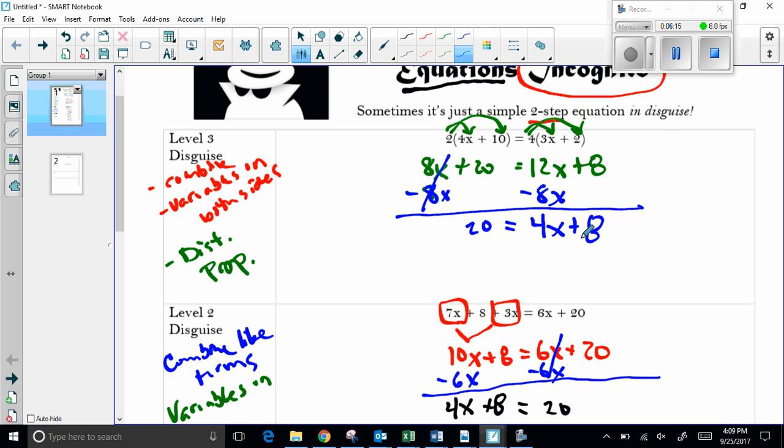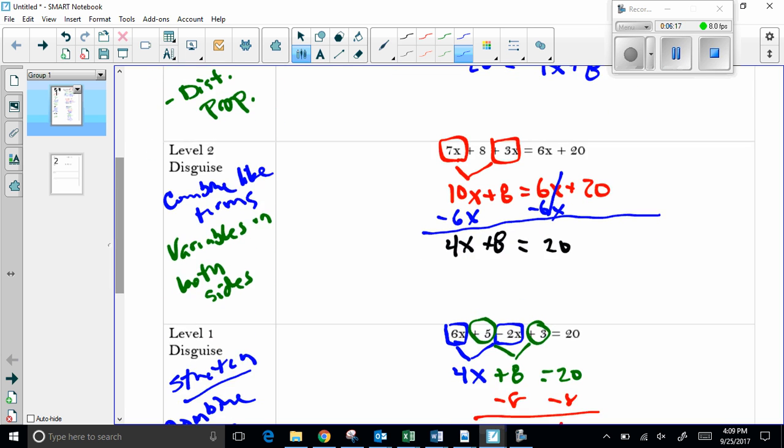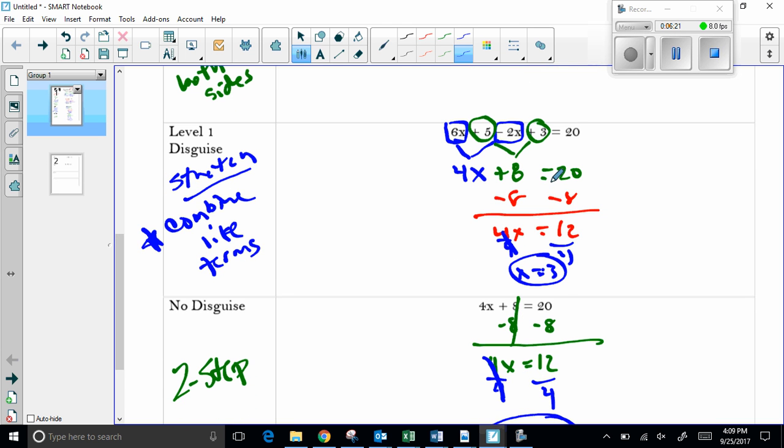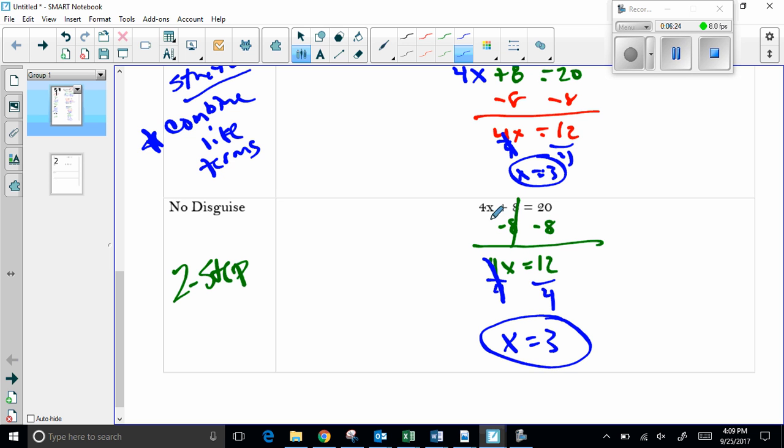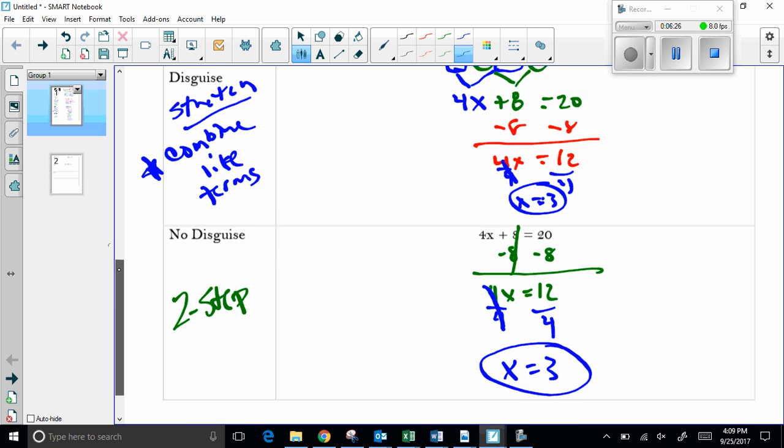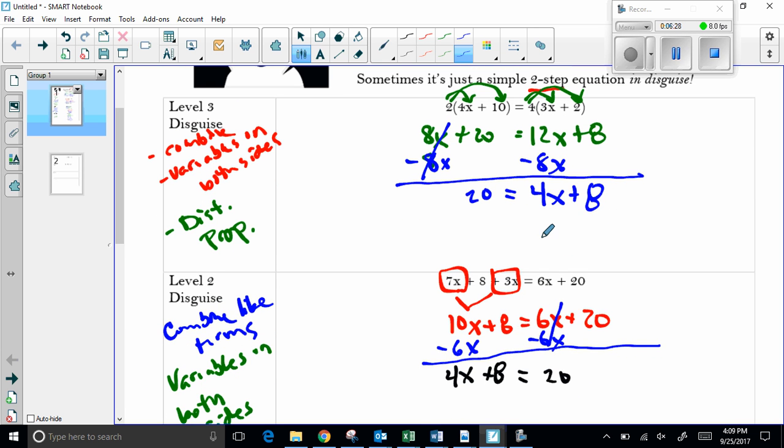Now if I scroll back down, you've seen 4x plus 8 equals 20 several times, and at the very bottom, that's what we started with. The other tricky part is that now it's backwards, but I still solve it the same way. Subtract 8 on both sides to get 4x equals 12. I divide by 4 on both sides so that I get x equals 3.